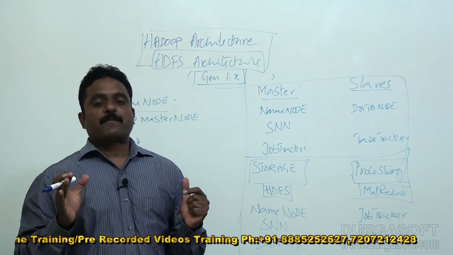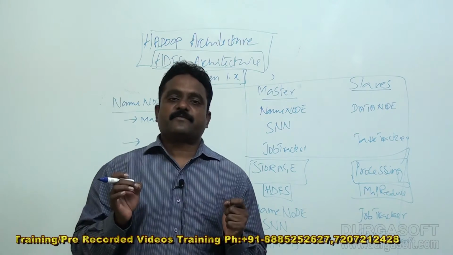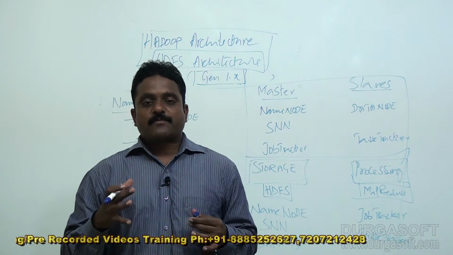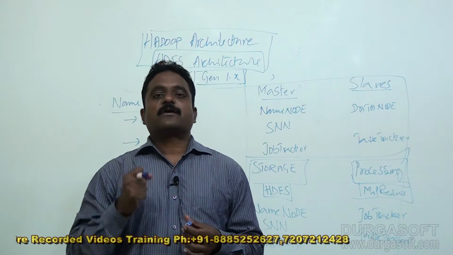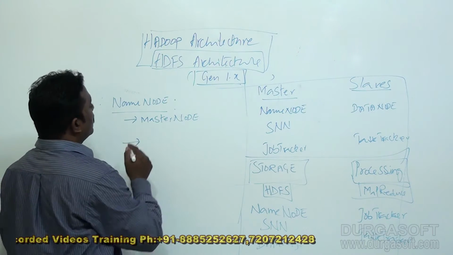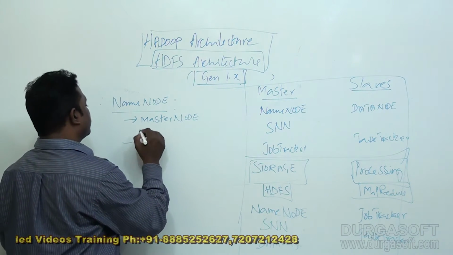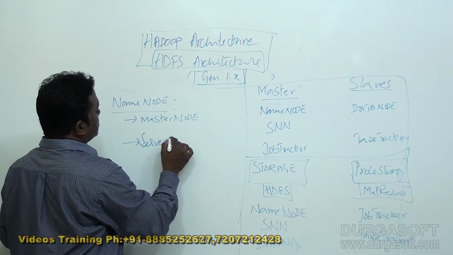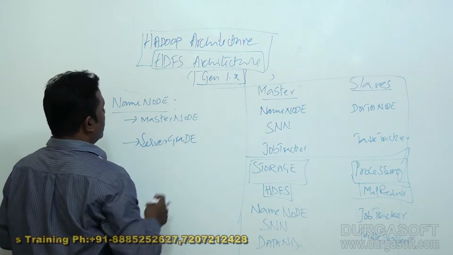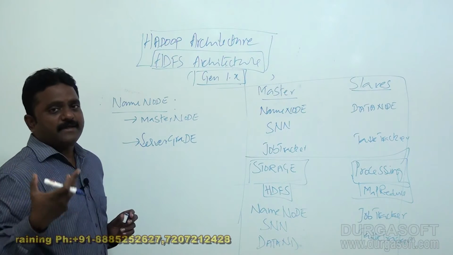Always a master node has to be a system with good hardware requirements, a strong system on a cluster or on a network. We call it a server grade machine with dual power supply and the latest level of RAM.